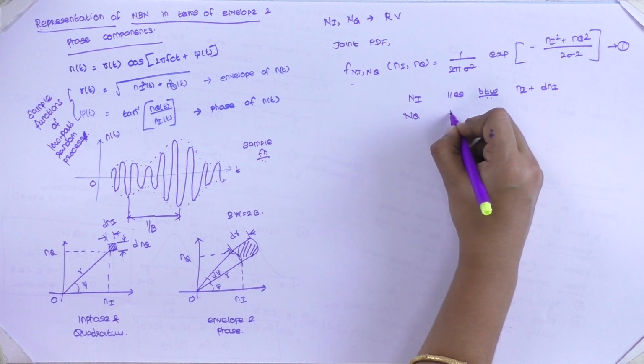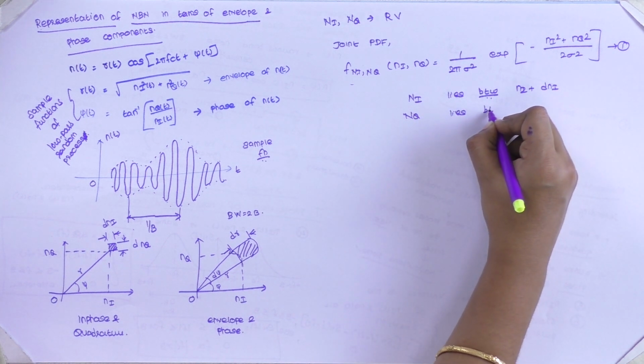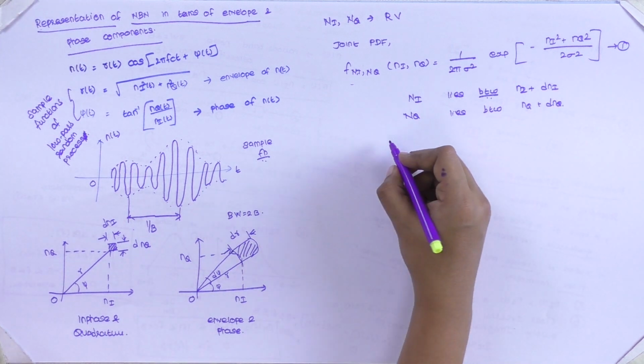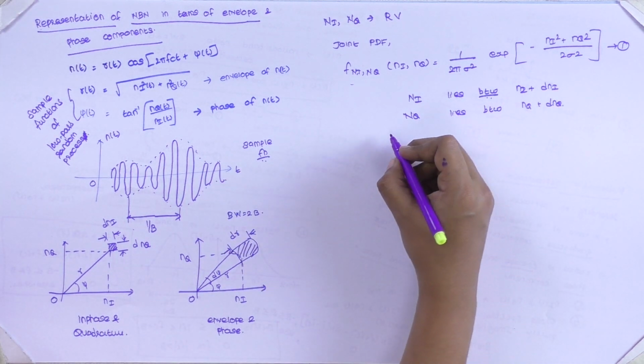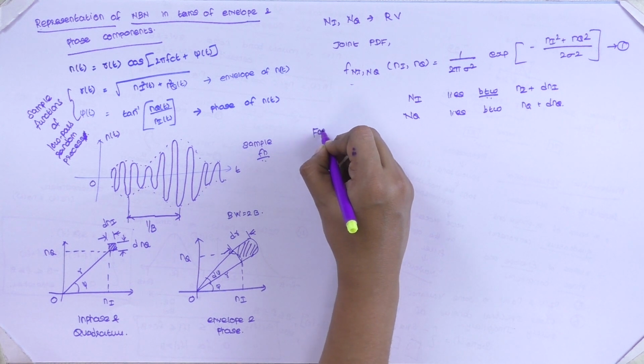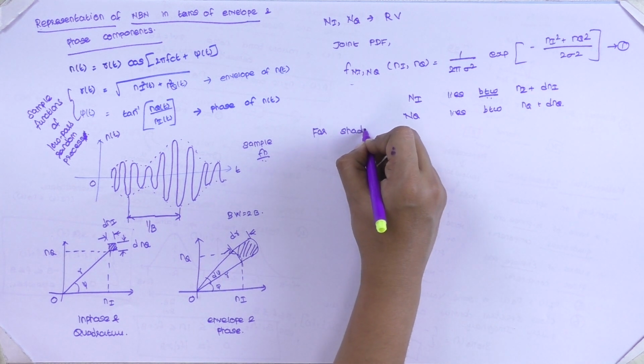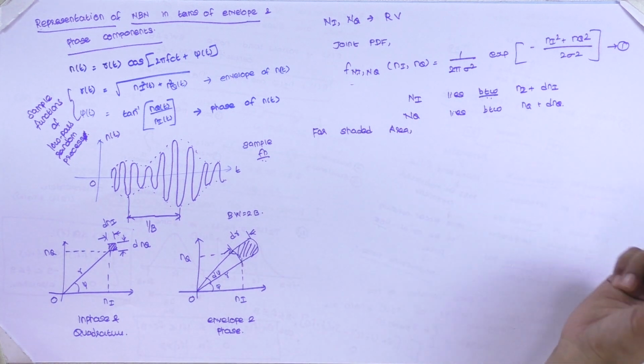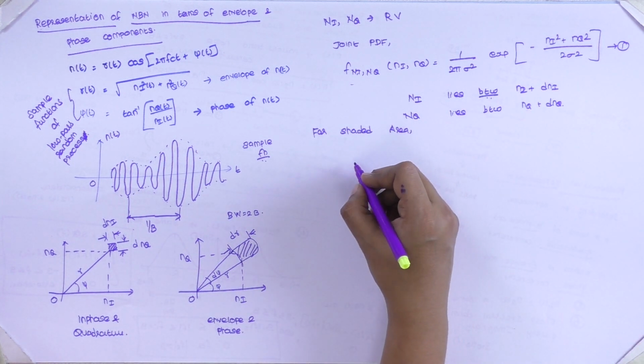Similarly, our nq lies between small nq and small nq plus dnq. Therefore, for the shaded area, the expressions are taken from Simon Haykin's book on communication systems.